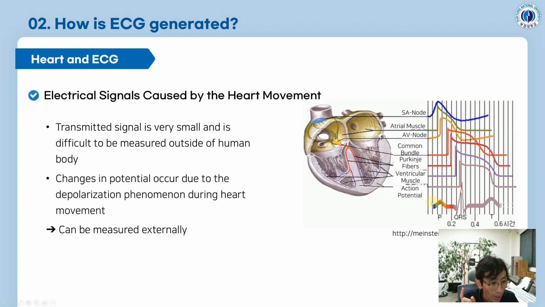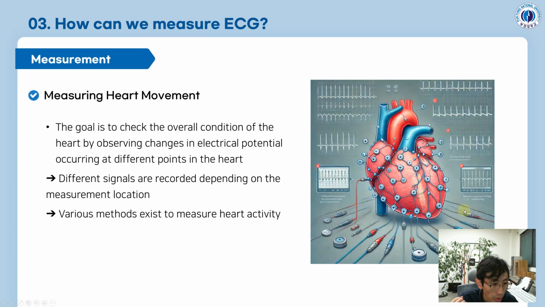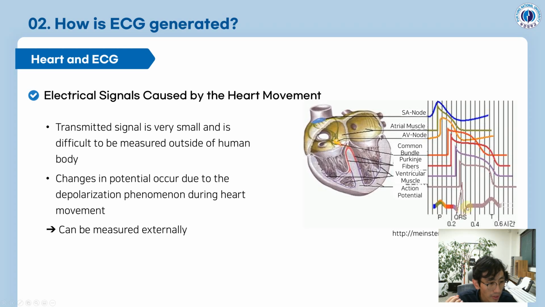Then when we accumulate all the signals that occur in our hearts, the signal is going to be like this: a small rise, and then go down and up sharply, and decrease sharply, and then go up, and then there is another wave here, a small wave.